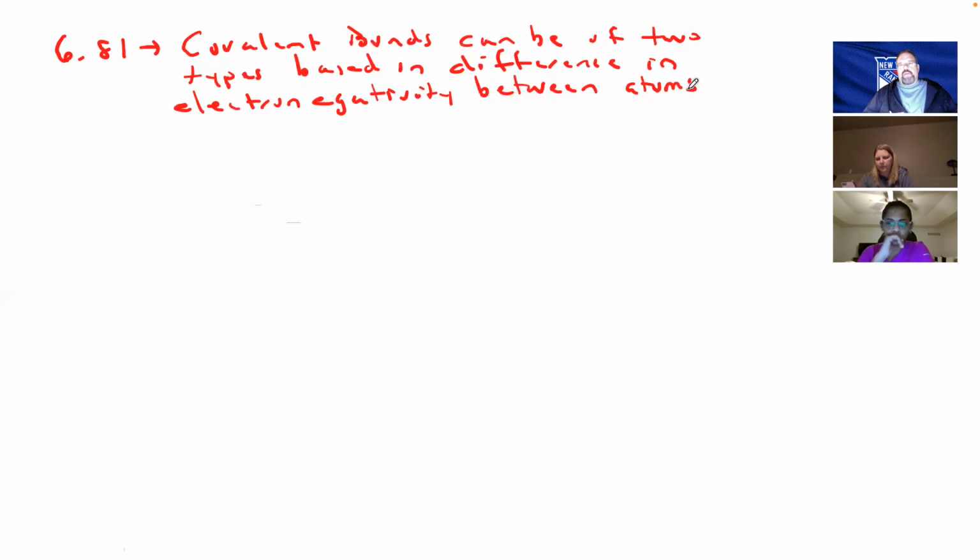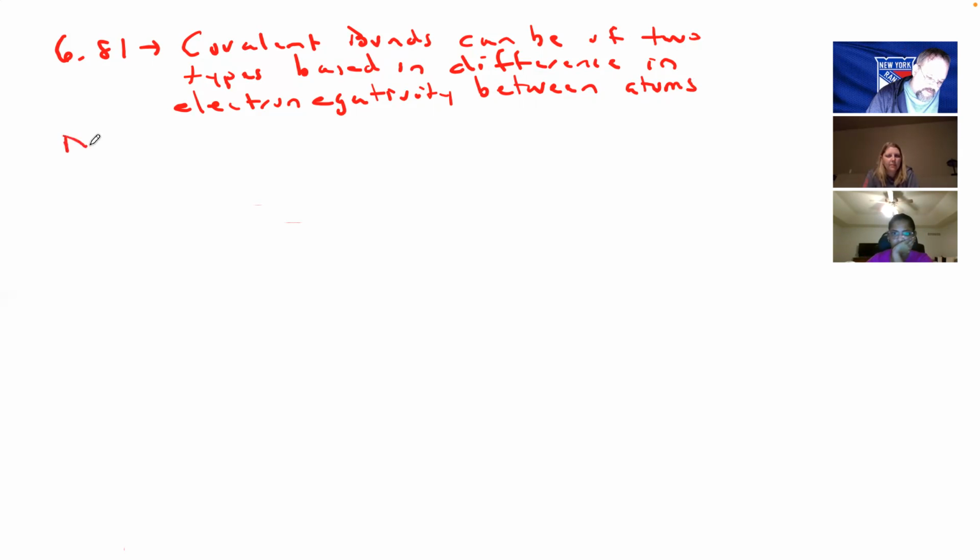Remember, in terms of a definition, electronegativity is the ability of an atom to attract electrons towards itself. The reason why we have not only covalent and ionic bonds, but even different types of covalent bonds in terms of polar and nonpolar, is based on differences in electronegativity.